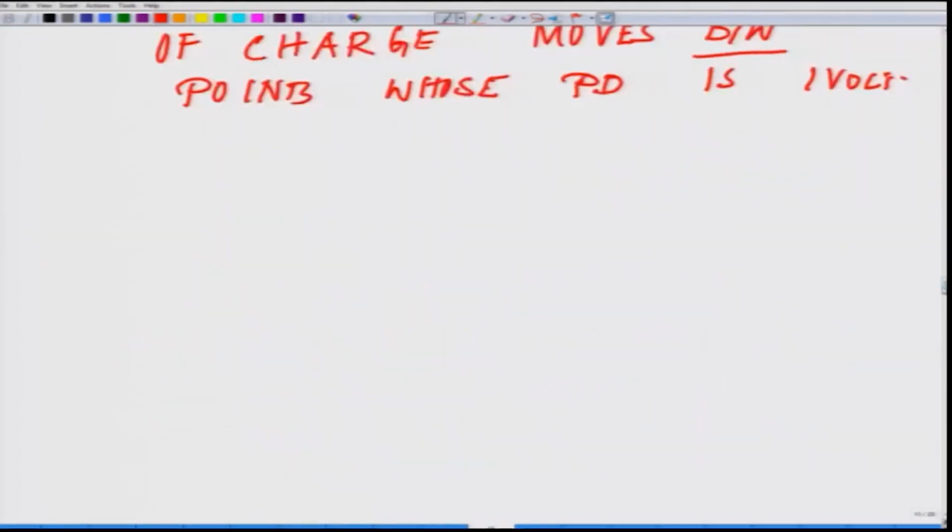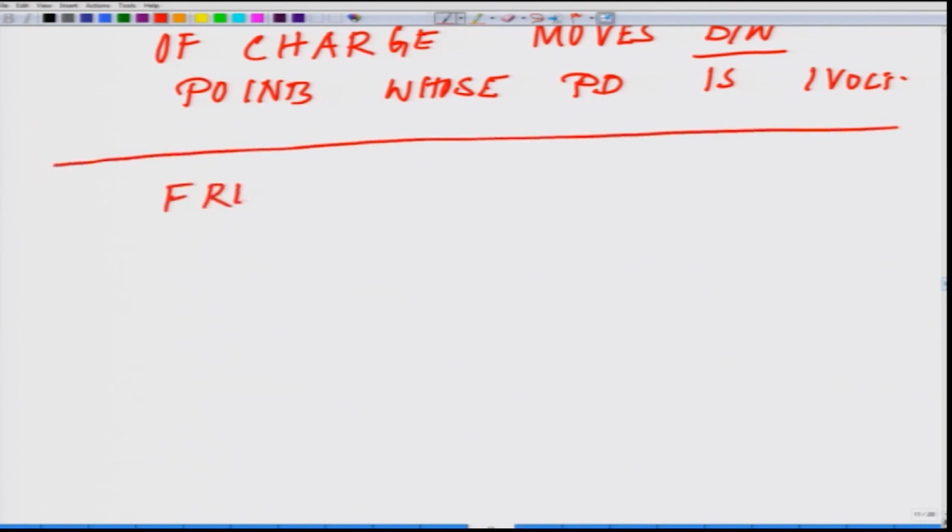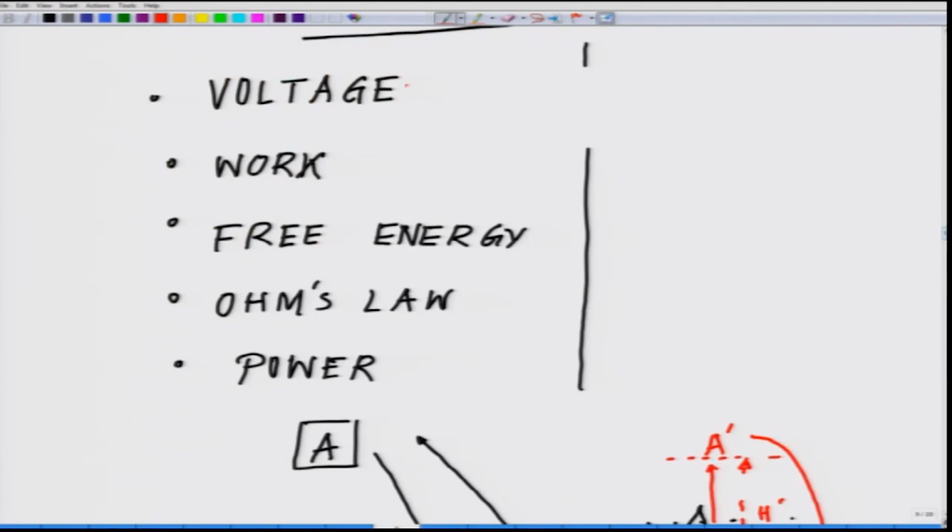Now, having said this, we will introduce the concept of free energy. Okay. I told you that there will be a few concepts. So, we talked about the voltage, we talked about the work.